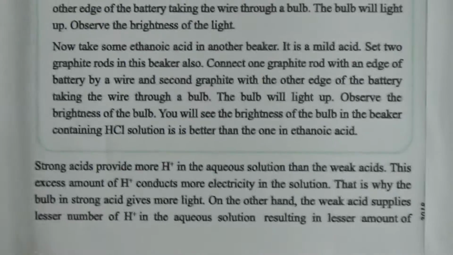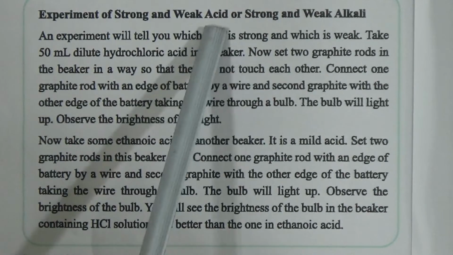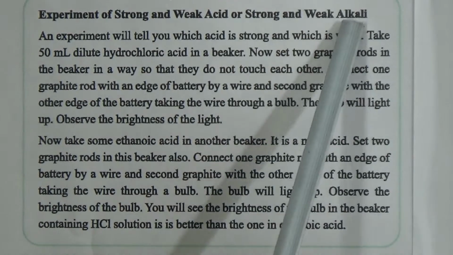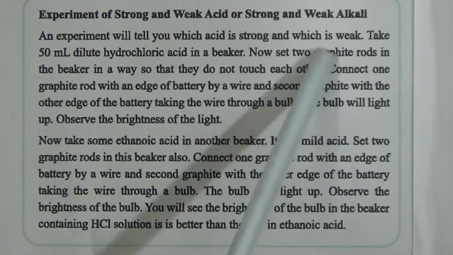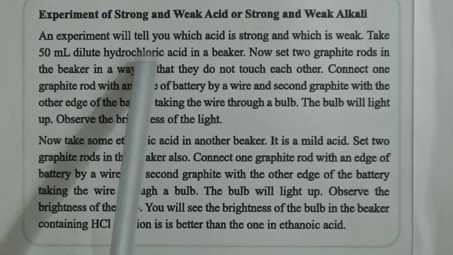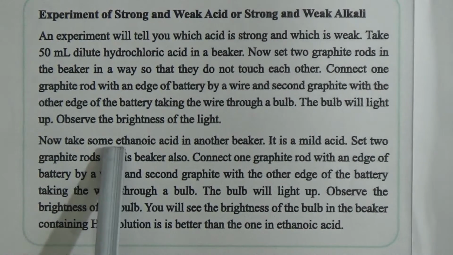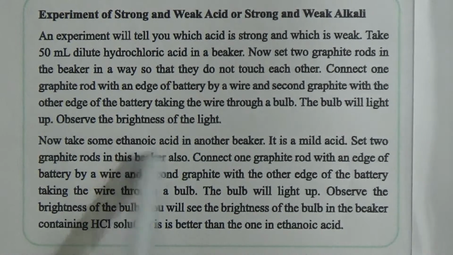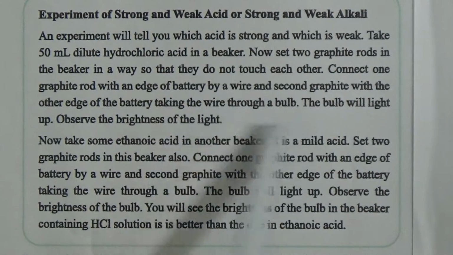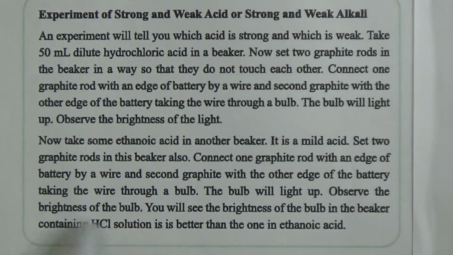Now here they give a task. Here is an experiment on strong and weak acid or strong and weak alkali. We know that in the electrochemical cell we use acid and alkali solution, and if you observe properly, when we use the strong acid, that will produce more electricity, and when we use the weak acid, that will produce less electricity.